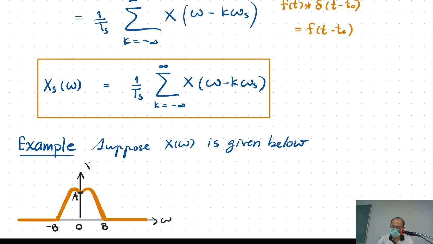So let's say that we are given this spectrum and we are sampling this signal x(t) every Ts time units.